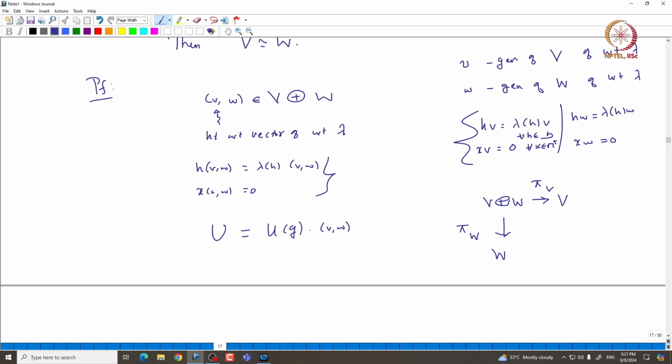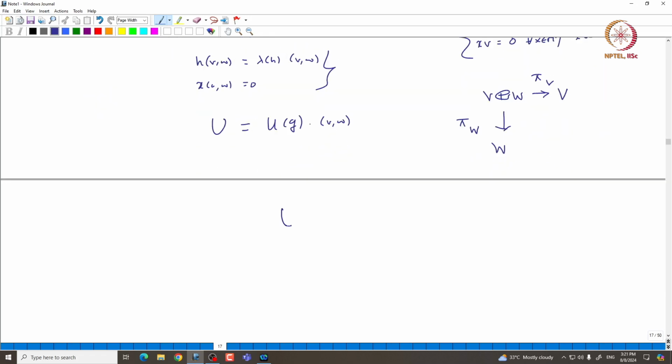We are going to restrict these projections to U. So you have the map from U to V, given by pi V restricted to U, and similarly a map from U to W, given by pi W restricted to U. Note that the highest weight vector (v,w) will be mapped to v here and to w here, and both are non-zero. So both maps are non-zero maps.